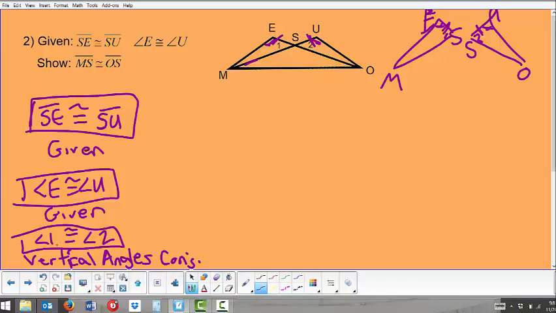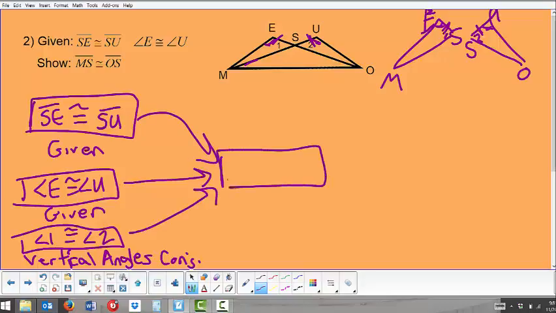Remember, the definition of vertical angles would be what those angles are, and then the fact that they're congruent is the conjecture. So those three things combined would tell us that triangle MES is congruent to triangle OUS, and that would be, again, by angle, side, angle congruence.